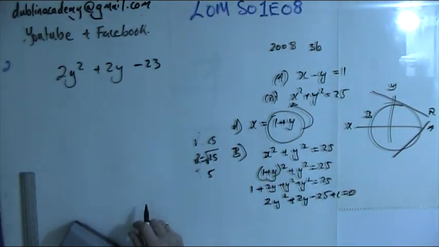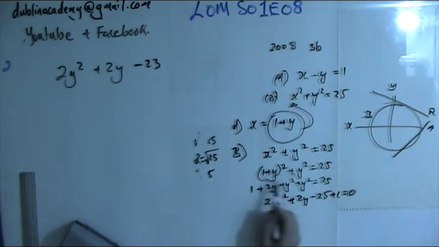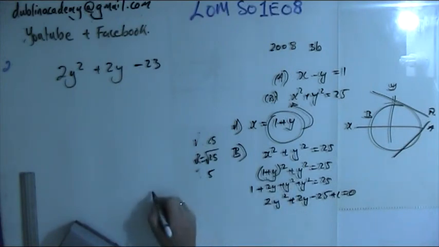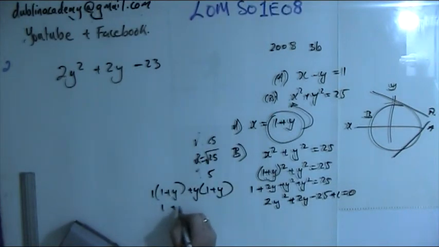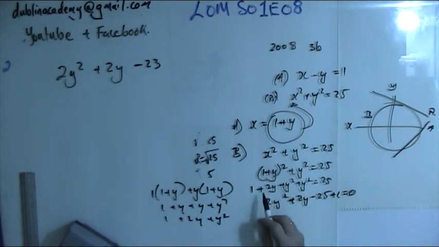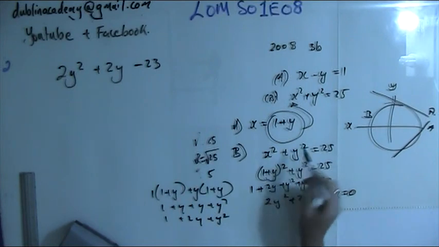Now, that looks like it's way off. I want to see is there anything gone wrong here. It doesn't seem to be. 1 plus y by 1 plus y. 1 squared is 1 plus y plus y plus y squared. 1 plus 2y plus y squared, plus y squared.